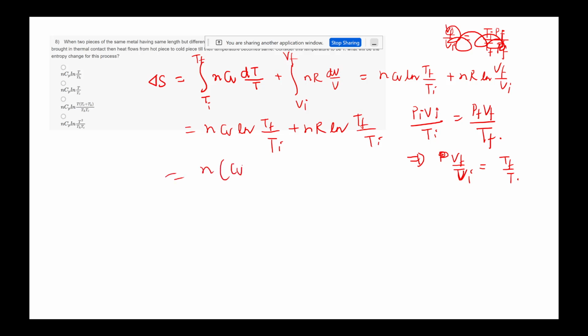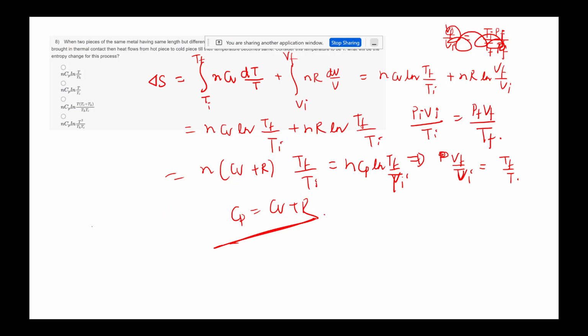Okay, n CV plus R ln TF by TI, and that is actually nCP ln TF by TI because CP is CV plus R. Okay, but here there are two things.